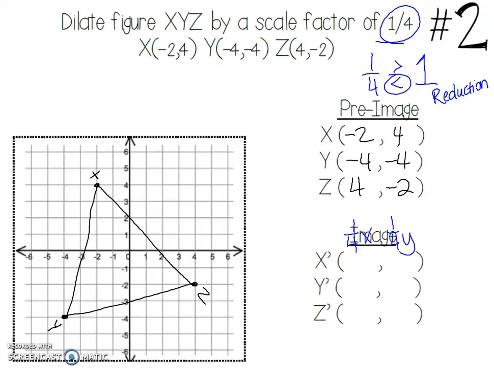-2 times 1/4. Negative half, -0.5. What is 4 times 1/4? And just hit second enter, and that'll keep your 1/4, and you don't have to keep entering it.